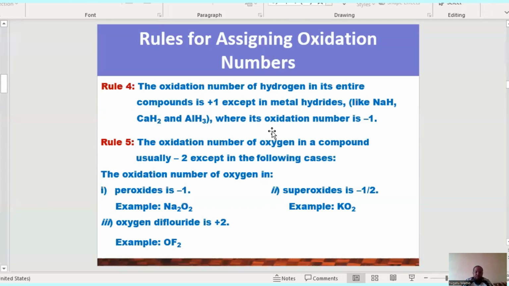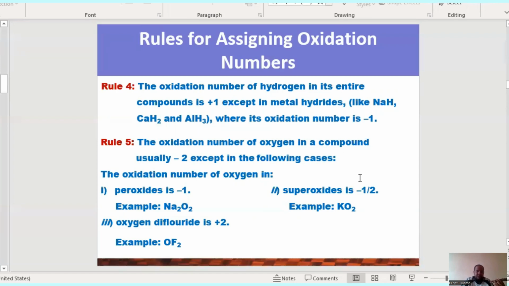When it is combined with non-metals, it is positive 1, because the electronegativity value of hydrogen is less than that of non-metals. So the oxidation number of hydrogen is either positive 1 or negative 1. It can be positive 1 when combined with non-metals.